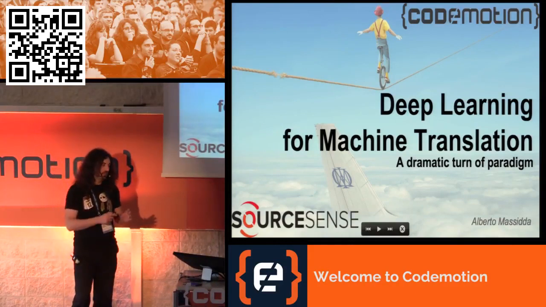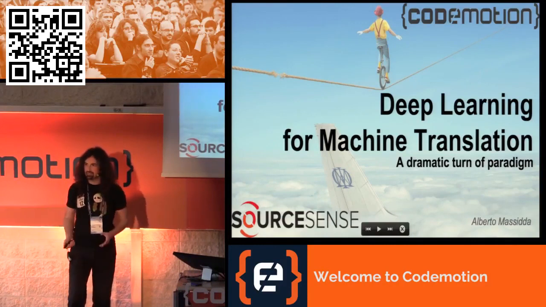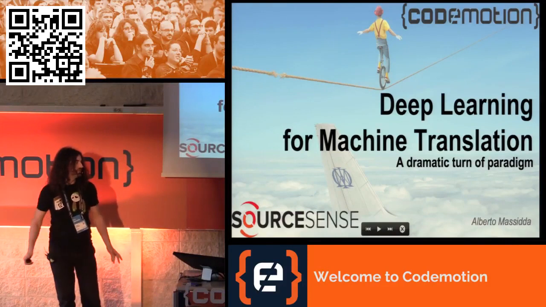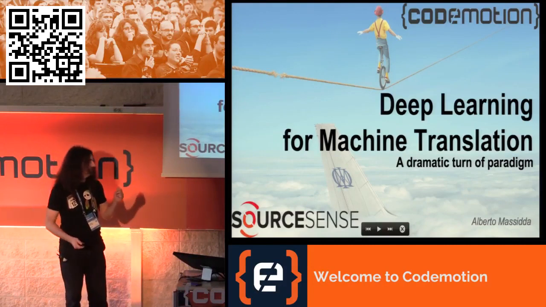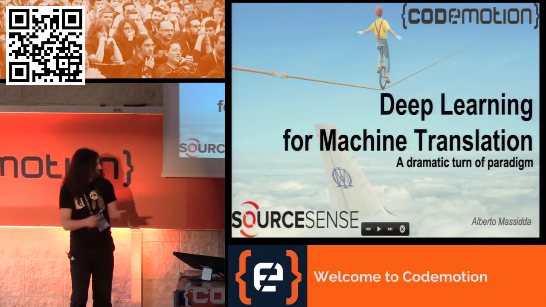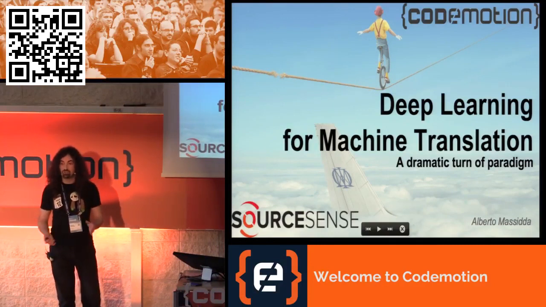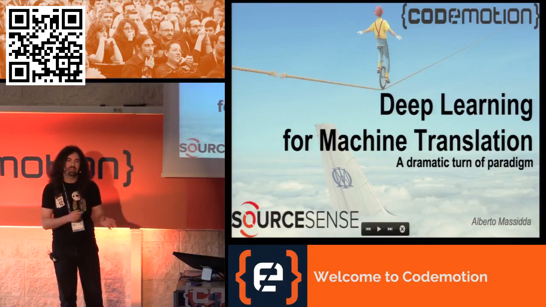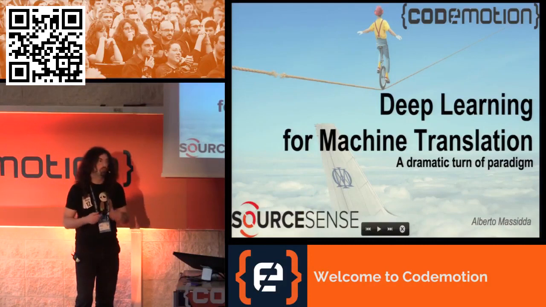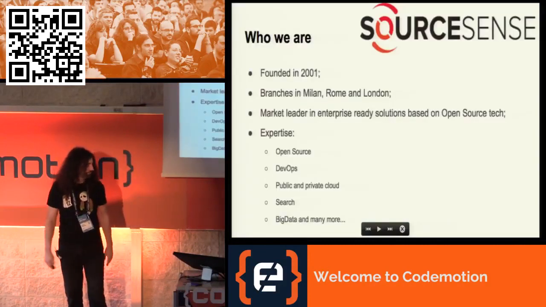We will be covering extensively the old school methods by which the likes of Google delivered their first industry-ready machine translation, and how then things changed. The shift of paradigm was really, really impressive. Everything changed, and nothing is basically backward compatible with what it was once. So that's why it's a dramatic turn of paradigm.